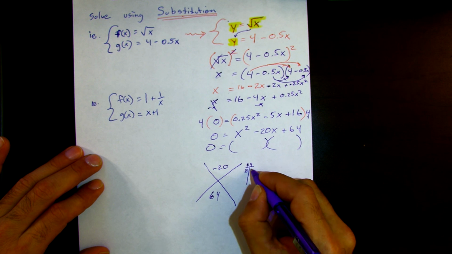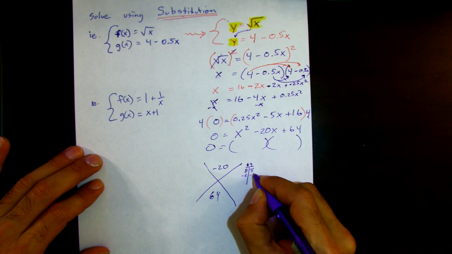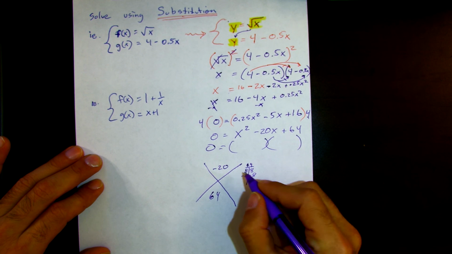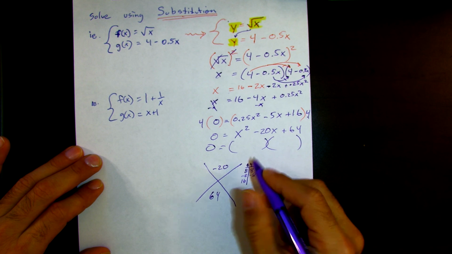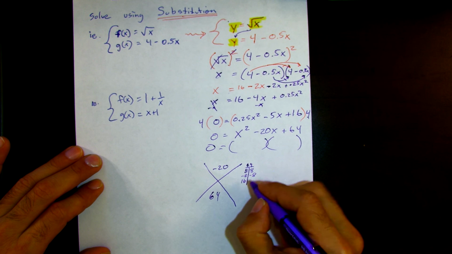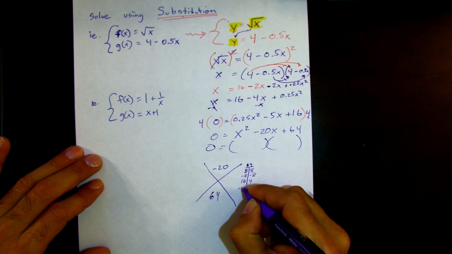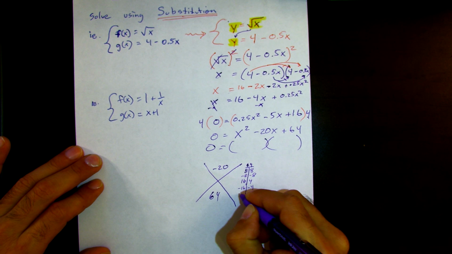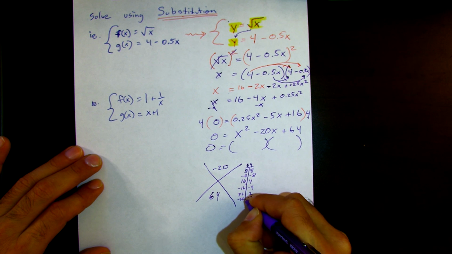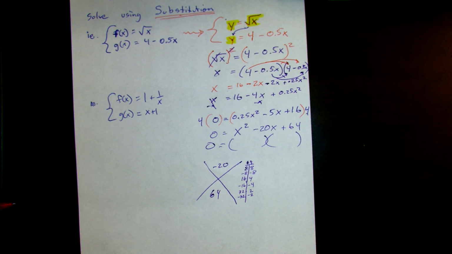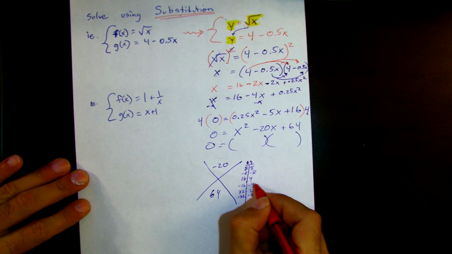I don't know yet. 8 and 8, negative 8 and negative 8. 16 and 4, negative 16 and negative 4, 32 and 2, negative 32 and negative 2. Okay, and do any of those add to give me negative 20? Yes, sir. Yeah, this one.